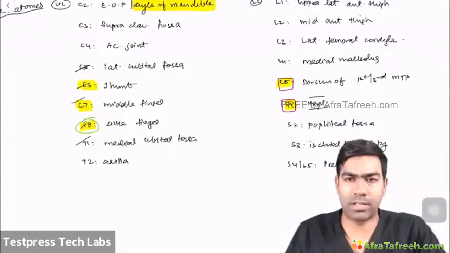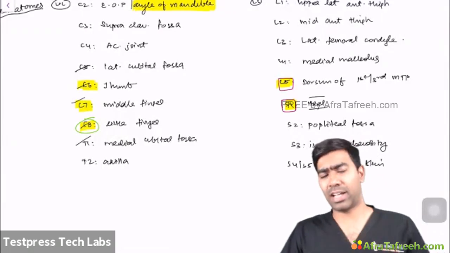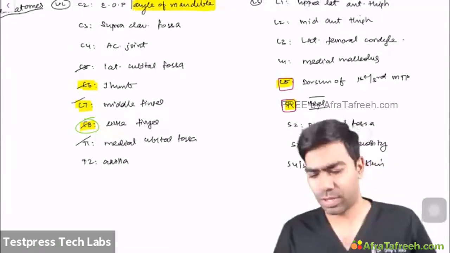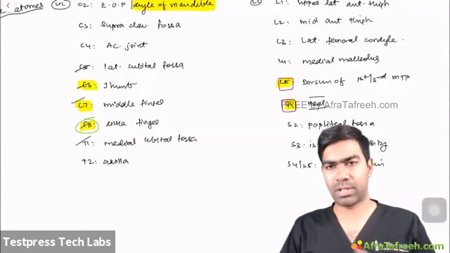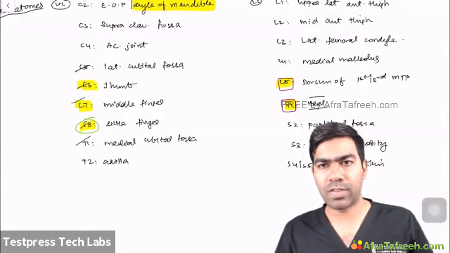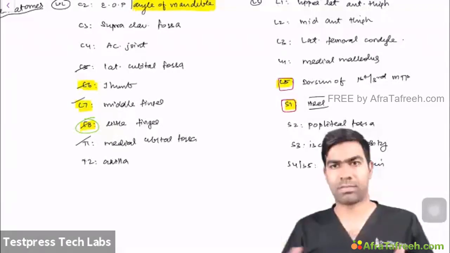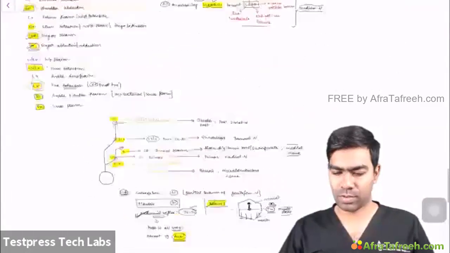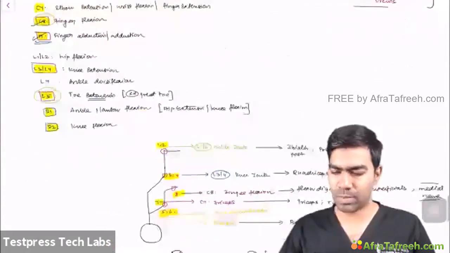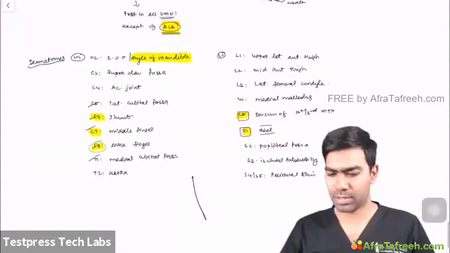Clear? Yes. So I think I've told whatever tricks and tips I know, and what are the important things, I mentioned. S4 and S5, you're asking Abhiram, it's perianal skin around the anus. That's where S4 is. So we have discussed all the myotomes and the dermatomes which are important for exams.